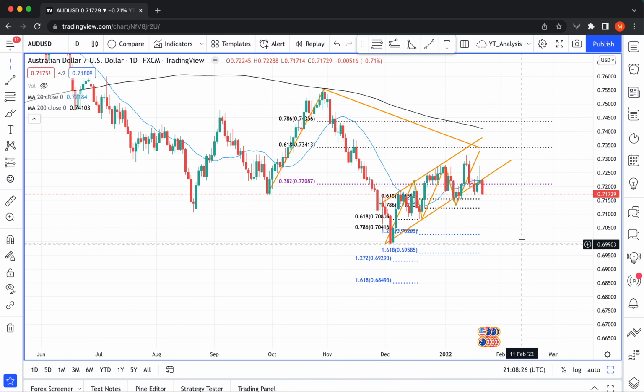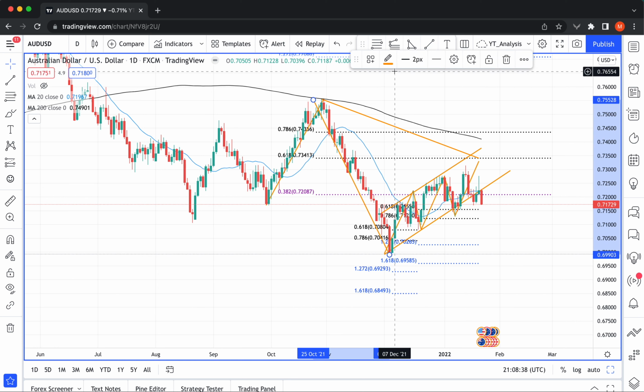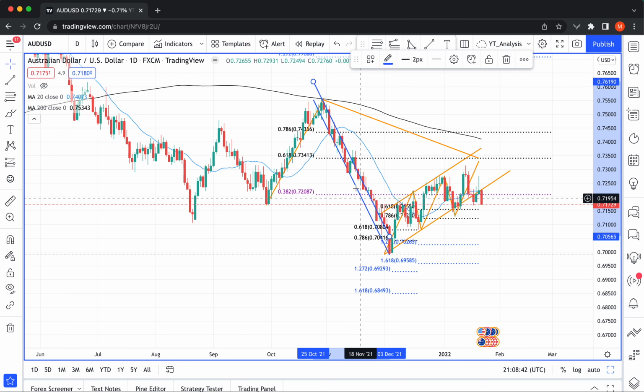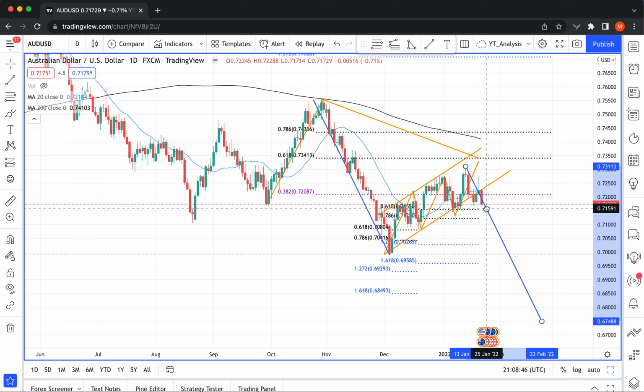So the close was quite negative for Friday. This currency pair might actually be doing this ABCD lower. Let me change the color this time to this one. And what is possible is that this thing is going down like this.